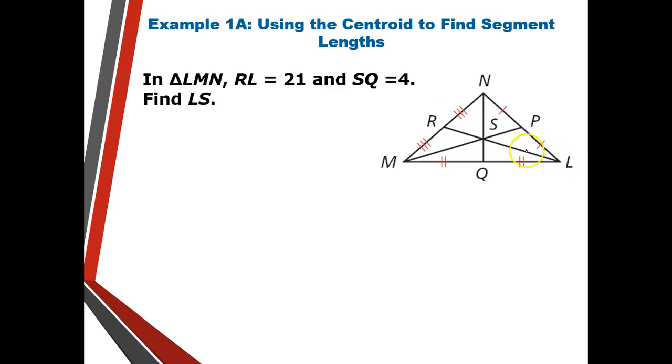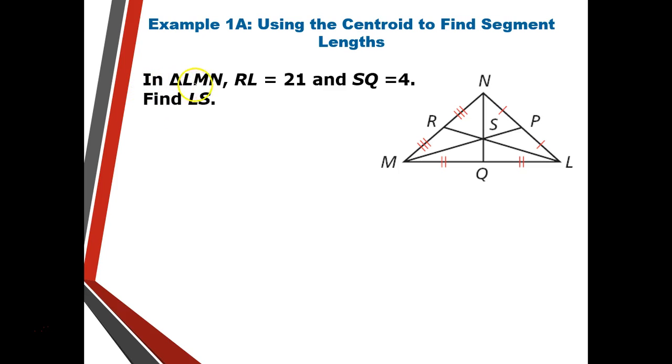It goes from the vertex to the midpoint of the opposite side. Same for MP. This goes from the vertex to the midpoint of its opposite side. So this right here is how you can tell that S is the centroid, or the point of concurrency is the centroid. Okay, so let's use our centroid theorem to help us in figuring out what we're asked to find.